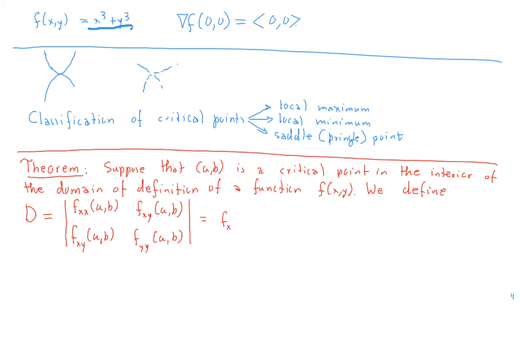This would be fxx at ab times fyy at ab minus fxy at ab squared. And here are the conclusions. Then, if D is less than 0, AB is a saddle point.